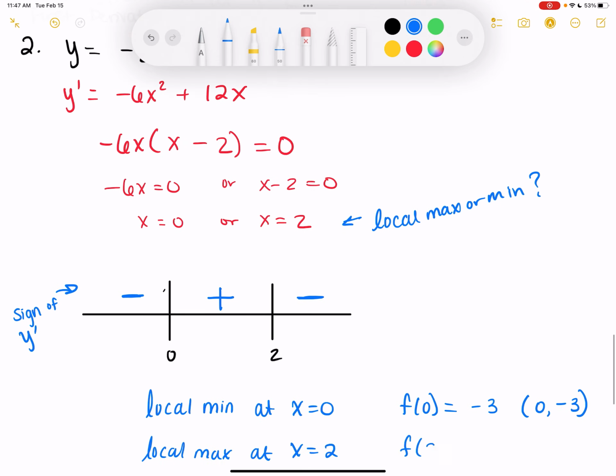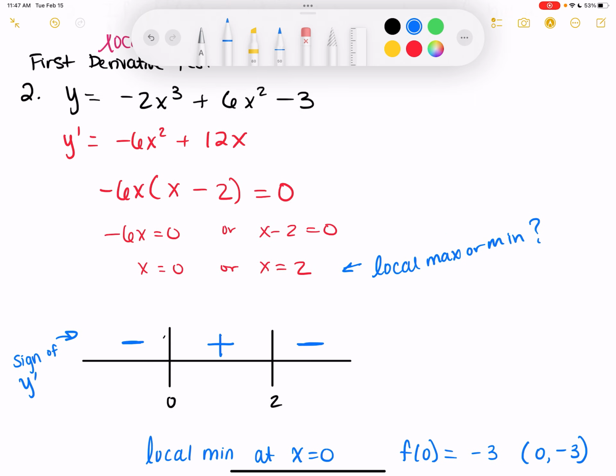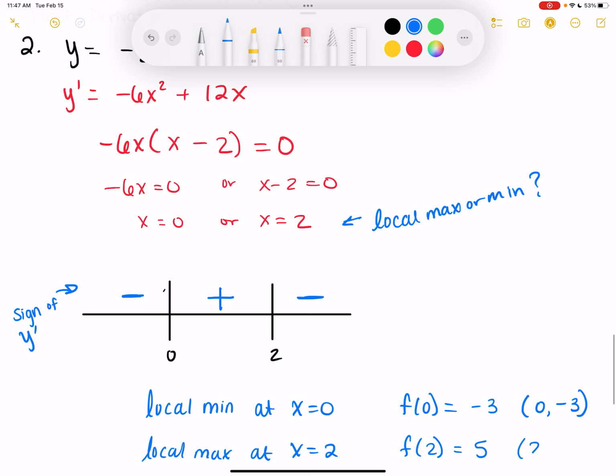And then f of 2, if I plug in 2, I have 8, 16, negative 16 plus 24. So what is that? Positive 8 minus 3, 5. Is that what y'all got? I think. So then 2, 5 would be the point where that actually occurs.